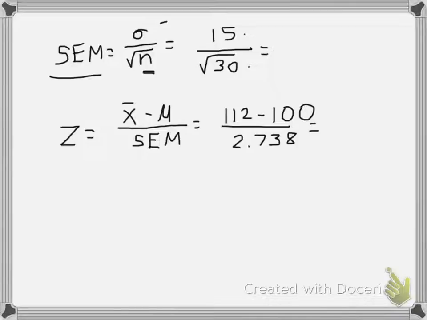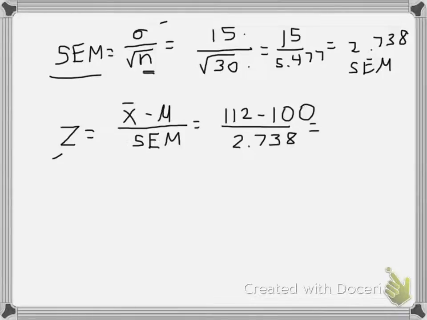So here we will have 15 divided by 5.477, and we get 2.738 as our standard error mean.